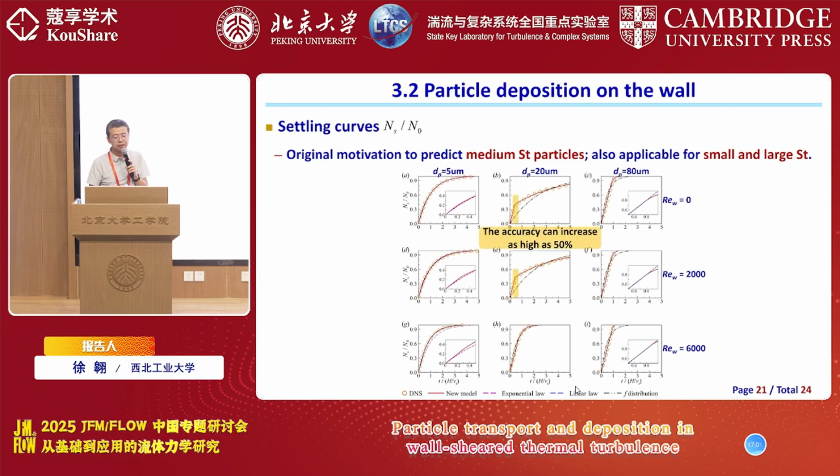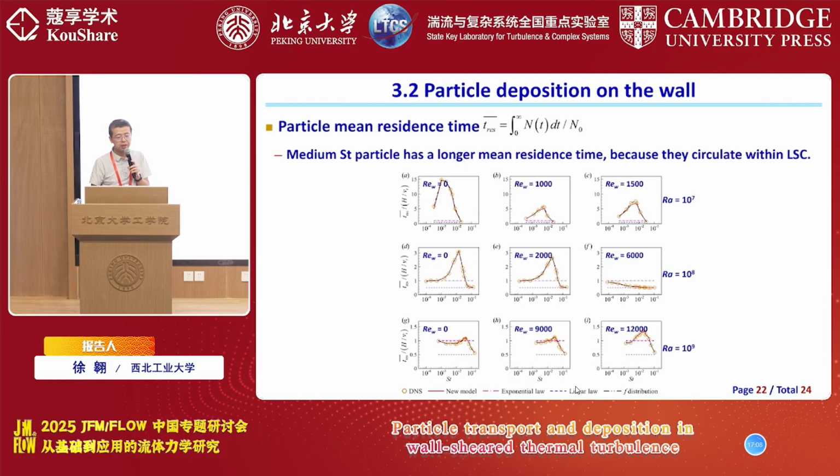The accuracy in some places can even increase by as much as 50%. We also calculated the particle mean residence time. We can see that for the medium Stokes number, particles have a longer mean residence time because they will circulate within the large-scale circulation.